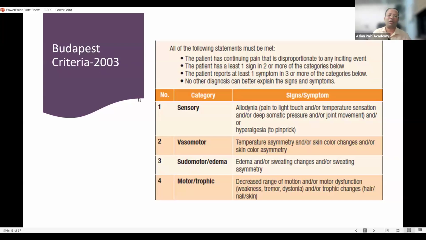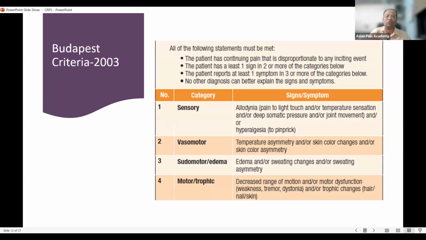Just remember what is in the Budapest criteria. It can be divided into 4 parts: sensory symptom or sign, motor symptom or sign, vasomotor symptom or sign, and pseudomotor symptom or sign. Sensory can be allodynia and hyperalgesia, the first two things. Vasomotor means blood supply related: either temperature asymmetry, if blood supply becomes more, temperature goes up, or if blood supply goes down, temperature goes down.